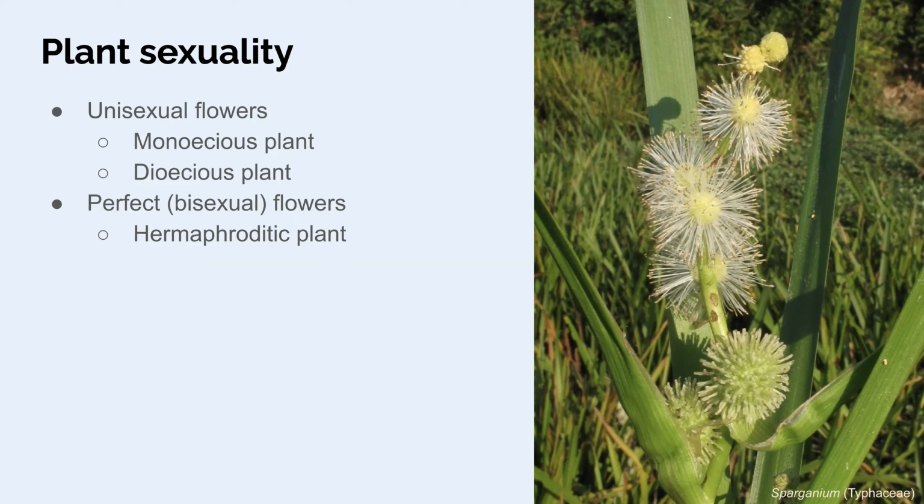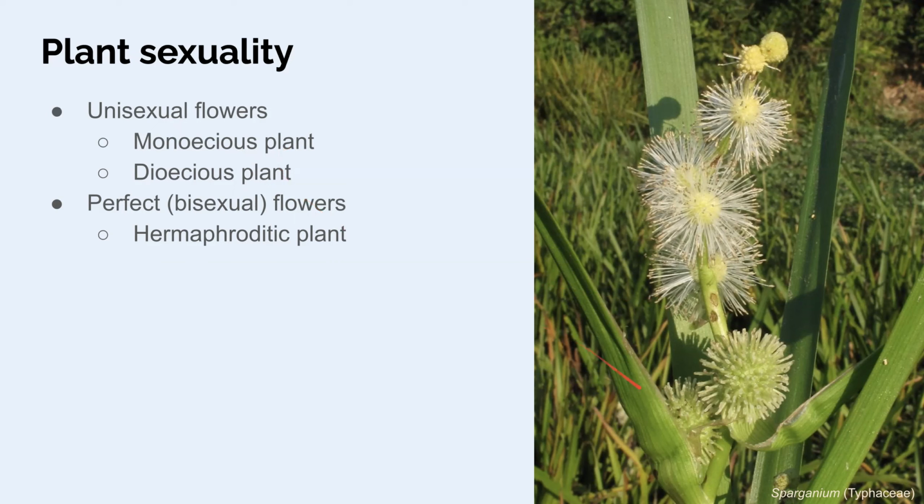Tell us different ways to put flowers together on the same plant. So monoecious and dioecious are not the only 2 options. I think if people have an animal familiarity, they think it's either one or the other. Both of those refer to plants that have unisexual flowers.